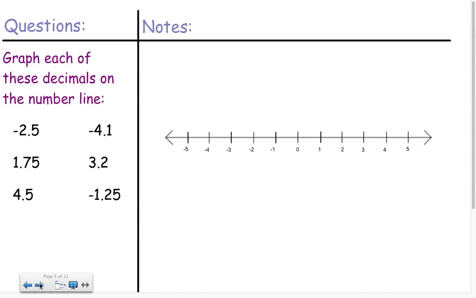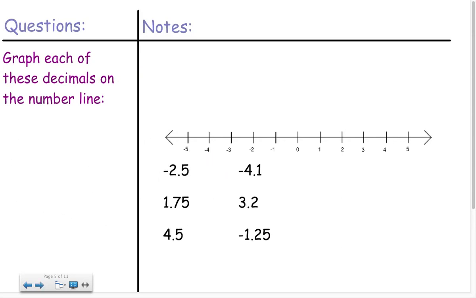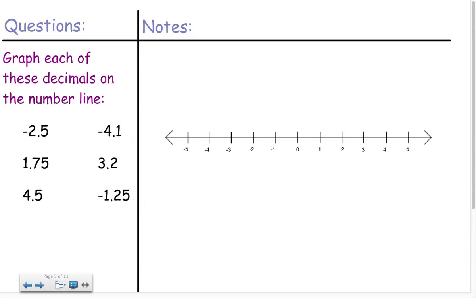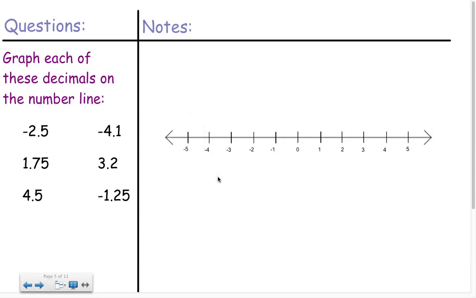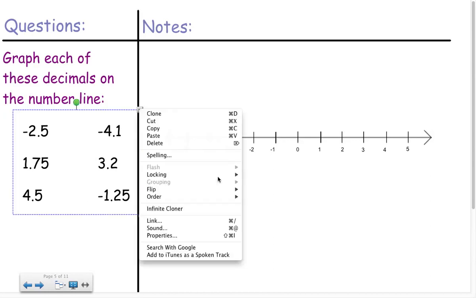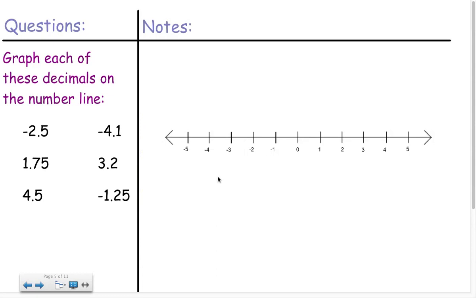All right, graph each of these decimals on the number line. Well, one thing that's easy is I know negatives, they're all as one group, so let me ungroup these. Maybe we'll leave them grouped, I'll just rate them, that's okay.